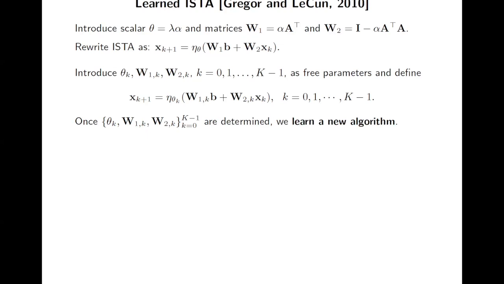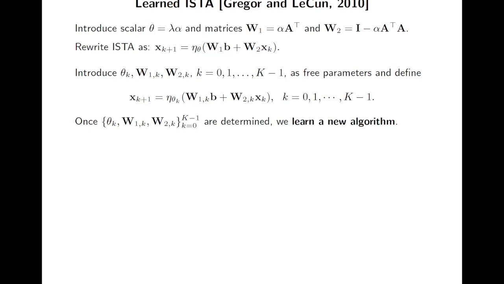In each step, they introduce a set of free parameters: theta k, W1k, W2k are free parameters to tune. So this formula can be viewed as a new algorithm, but with a lot of parameters in it. Once the parameters are determined, we say we learn a new algorithm. This is a definition of learning an algorithm.